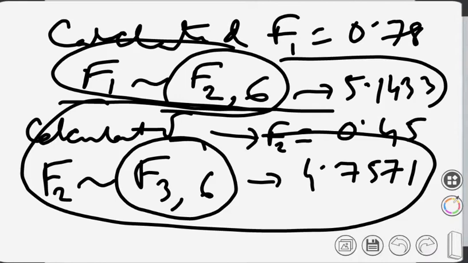If the calculated value is greater than the tabulated value, the null hypothesis is rejected and the alternate hypothesis is accepted. If the calculated value is less than the tabulated value, the null hypothesis is accepted and the alternate hypothesis is rejected. So that completes the discussion on ANOVA.